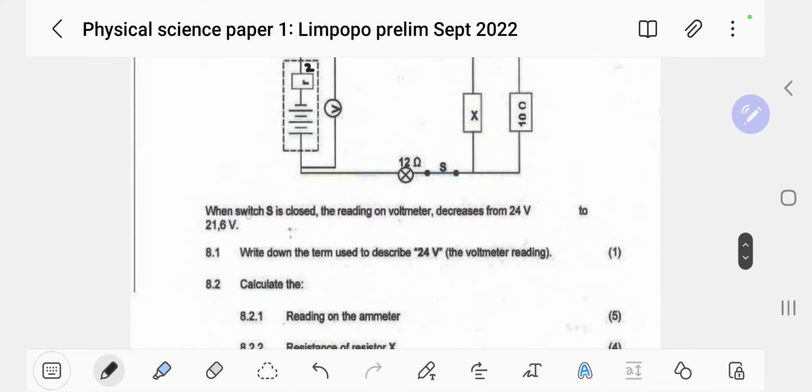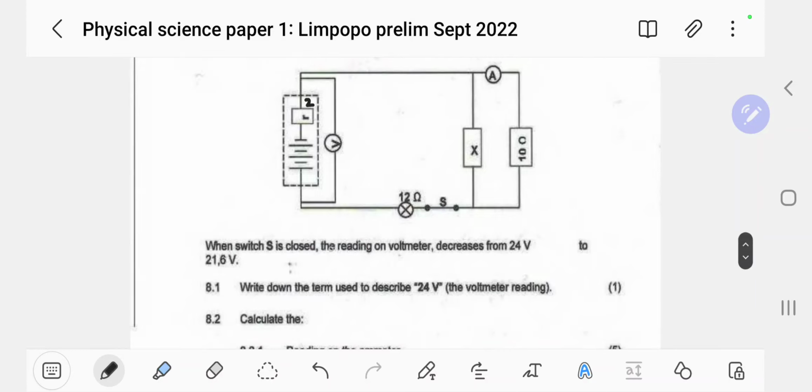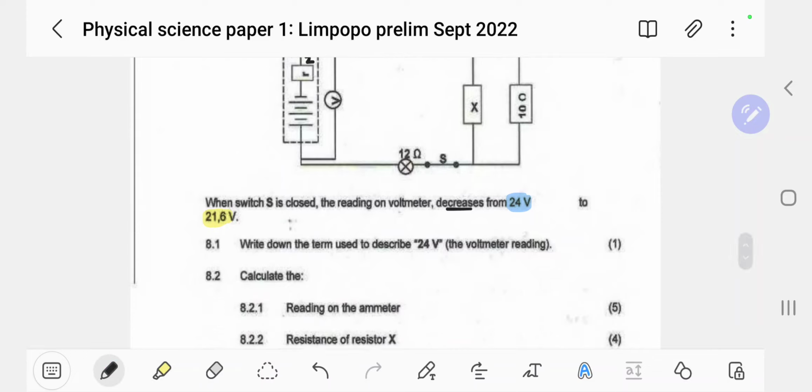Now, we are told here when switch S is closed, meaning the circuit is completed, the voltmeter reading decreases from 24 to 21,6. So that tells us this is the EMF and this is our external voltage.